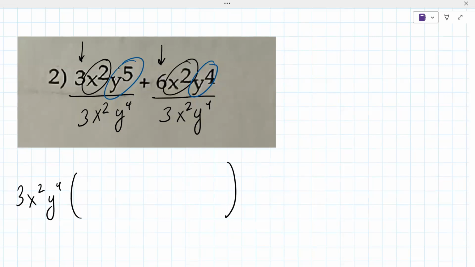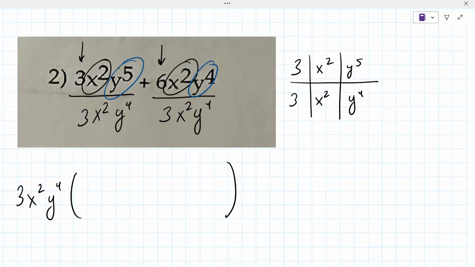Now this one's more complicated, but if I come up with the right thing here and look at the first one, 3x squared y to the 5th divided by 3x squared y to the 4th. These cancel, these cancel. Here I've just got the y there.